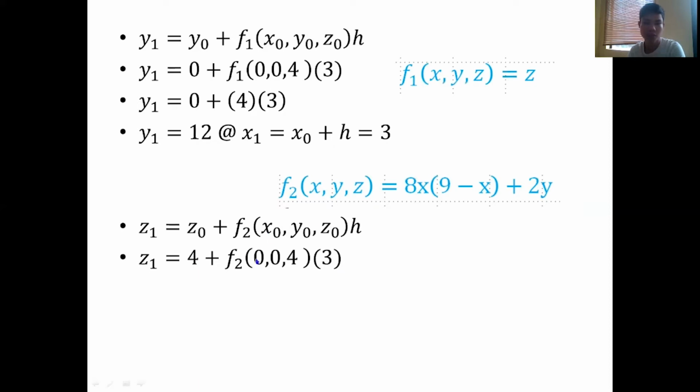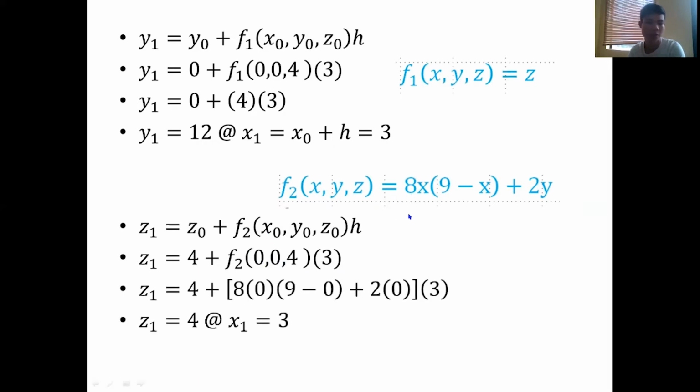Substituting these values into the formula, we have 4 plus 8 times x, which is 0, times 9 minus x, which is 0, plus 2y, which is 0, multiplied by 3, and we will get 4. That is also at the point x equals 3.